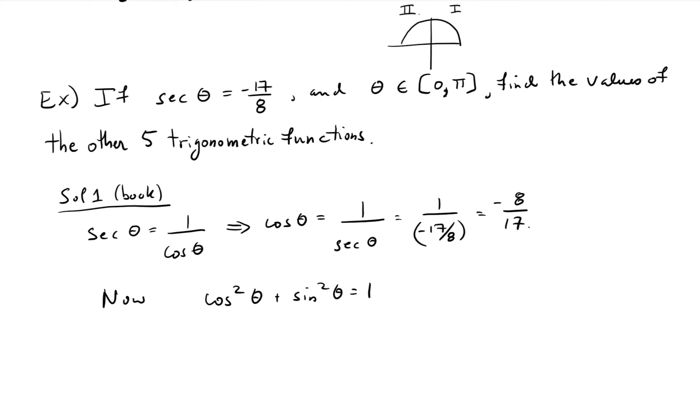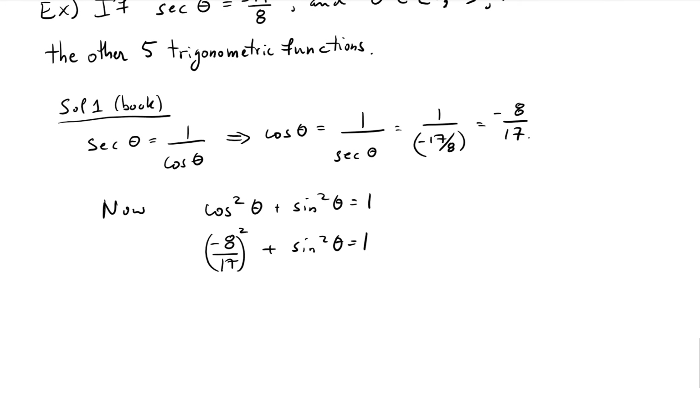So knowing what cos of theta is, cos squared is going to be minus 8 over 17 squared plus sine squared, and that's going to be equal to 1. So solving for sine squared gives us 1 minus minus 8 over 17 squared, that's 64 over.